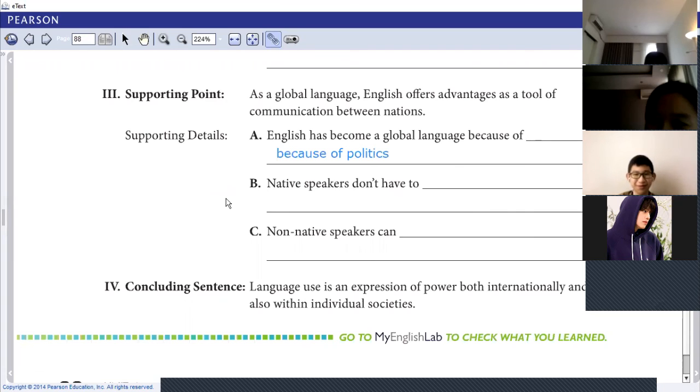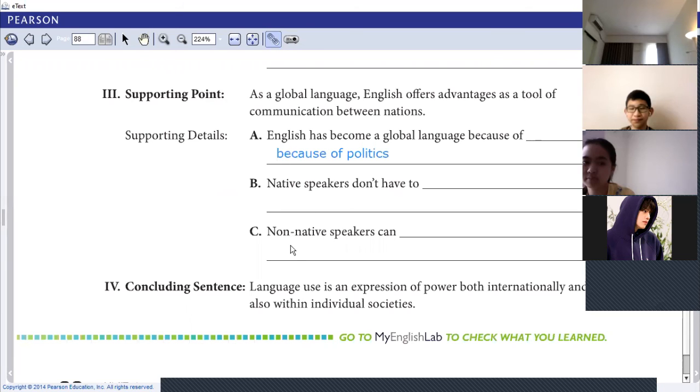What is B? Speakers don't have to learn other languages, because they already speak it. Gisela, can you also do C while you're at it? Native speakers can. What can they do? That's not fair, Miss Sylvie. Give it to someone else. Okay, I will ask Jocelyn. Jocelyn, can you do C?